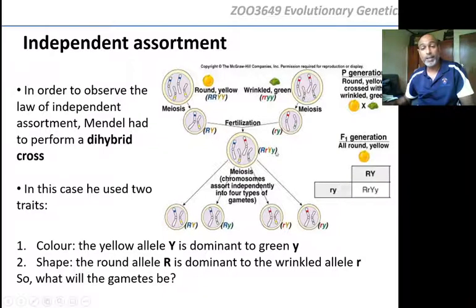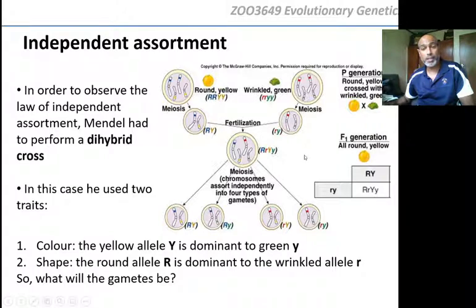So, what combinations of alleles can be given by all these individuals which are in the F1. So you can have a big R, big Y, the same as this one. You can have a small r, small y, the same as this one. So these individuals can give the very same two alleles as their parents.